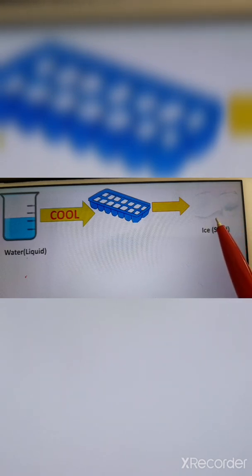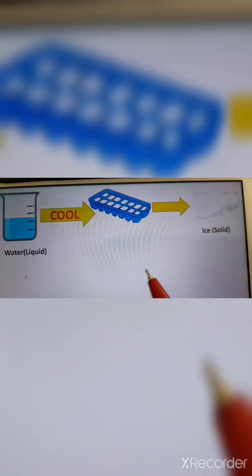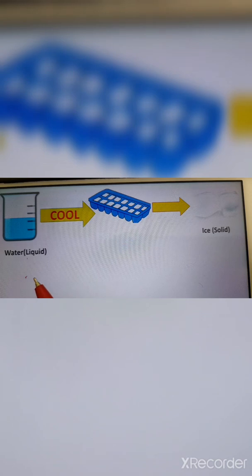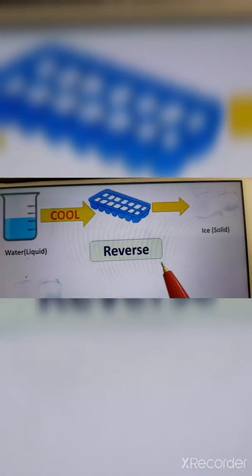Okay, this is a solid part. And when we reverse it, when we take ice and heat this ice, it will convert into water again. Okay, so look here at the reversible process.